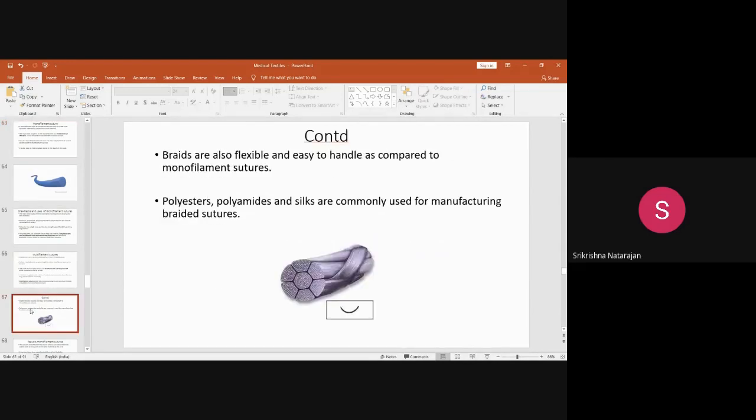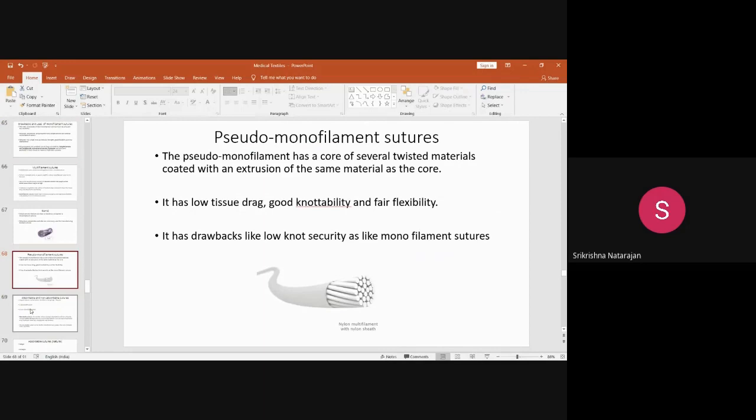So these are the properties of the multifilament sutures. And next is called the pseudo monofilament suture. This is another type of suture, but it is not used that much. If you see, it has a core of several twisted materials. This is the core material, this is the sheath material.